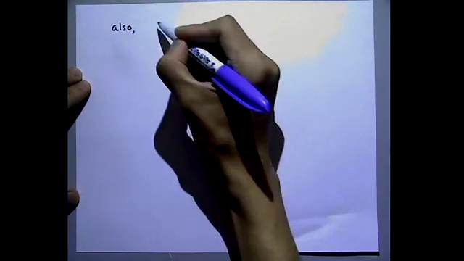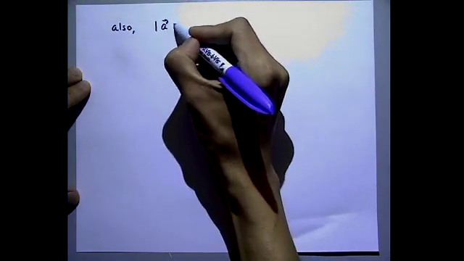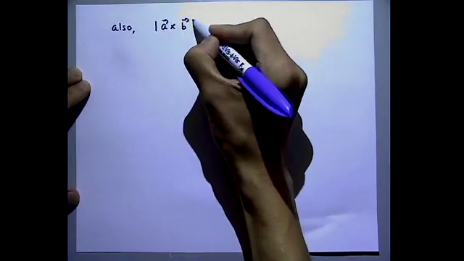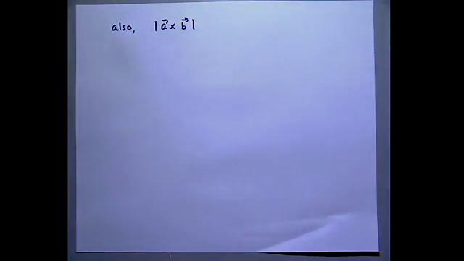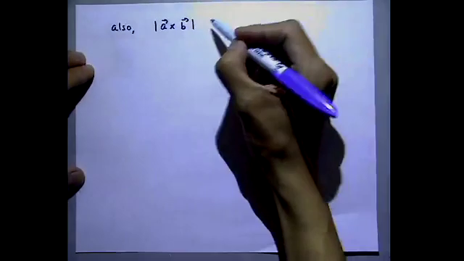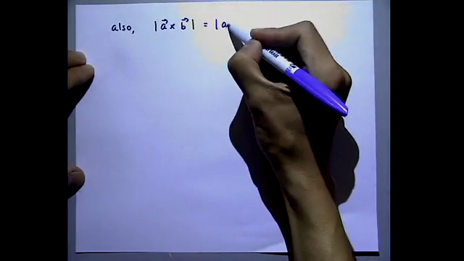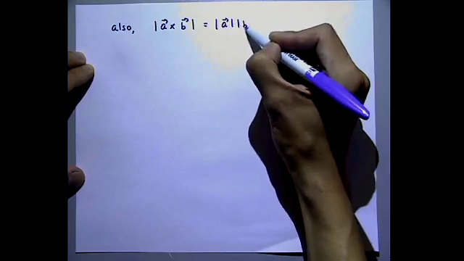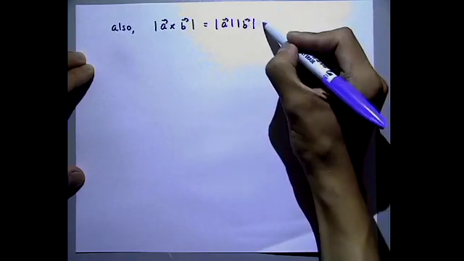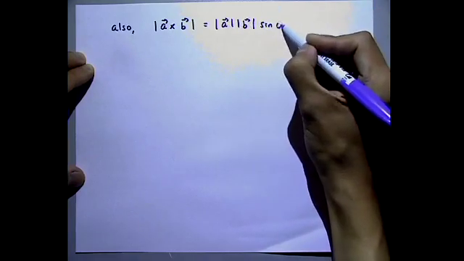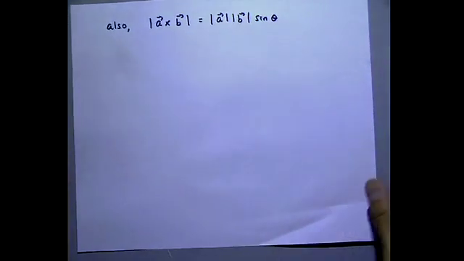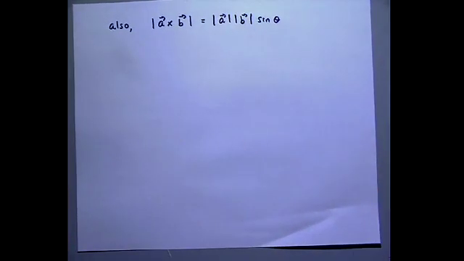Also, if you cross the two vectors A and B, A cross B here, and you take the magnitude of the vector, you get a formula that looks a lot like one of the formulas we have seen with the dot product.